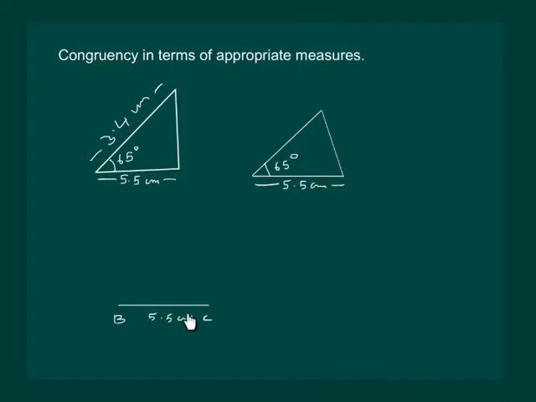Let me draw a line segment BC 5.5 centimeters in length. Now let me draw a 65-degree angle at B. So using a D, we have drawn a 65-degree angle at the vertex B. Now it is given that the side that is included with the angle is 3.4 centimeters.